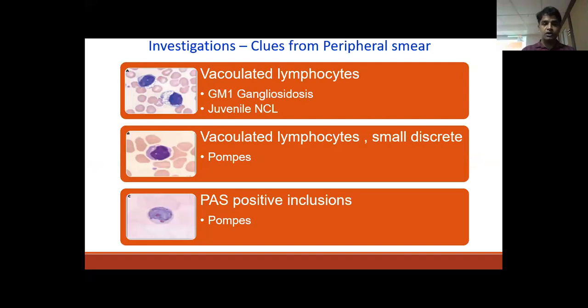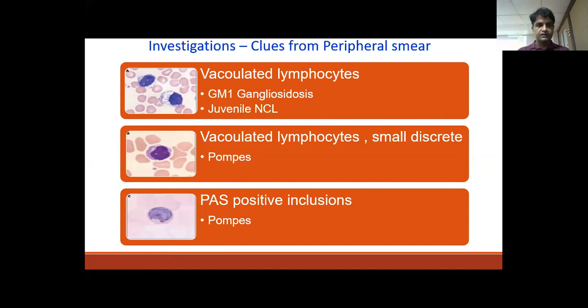So you can draw clues from various investigations, and let's look at the peripheral smear. This is an important part of our investigation, which gives some valuable and useful clues. So vacuolated lymphocytes, as seen here in this picture, are a clue to GM1 gangliosidosis and juvenile NCL.